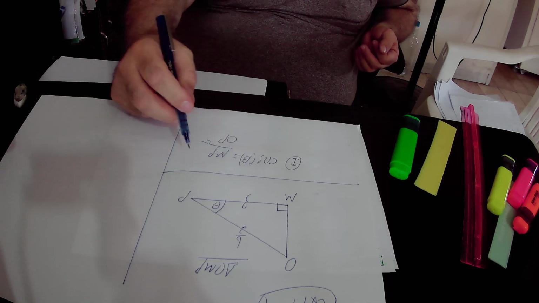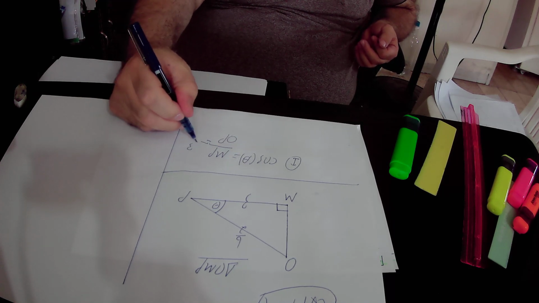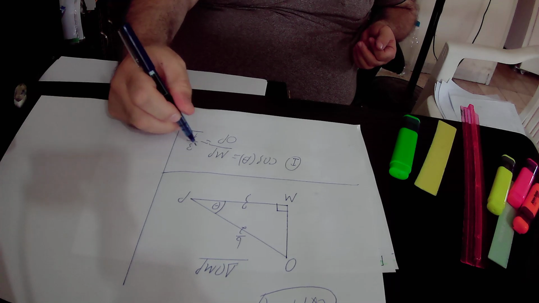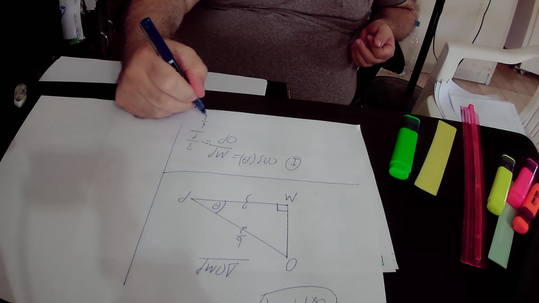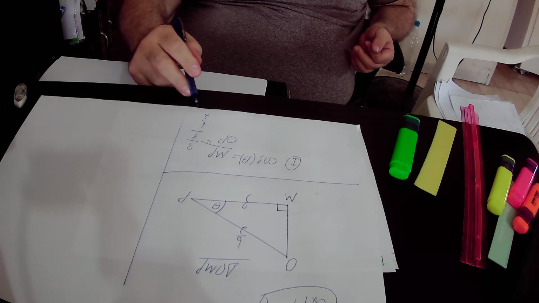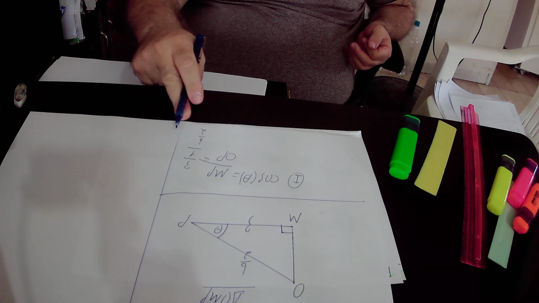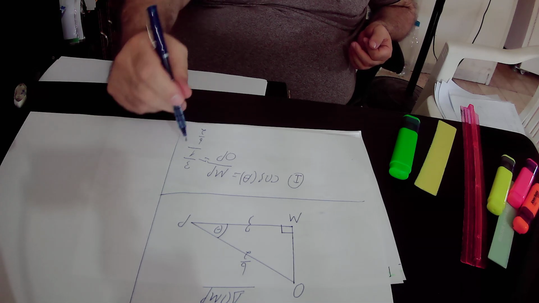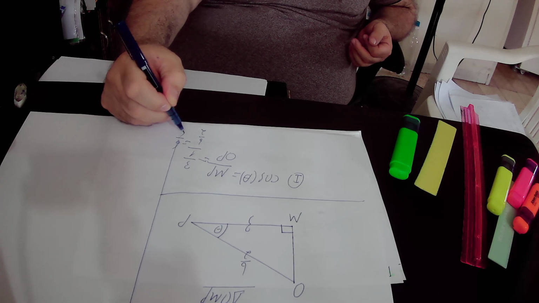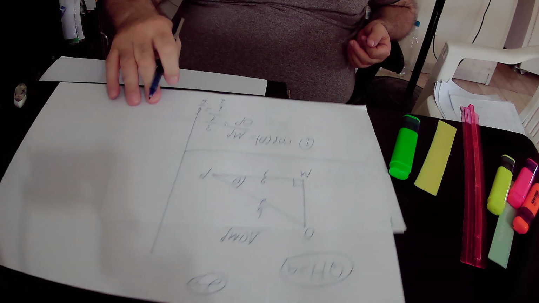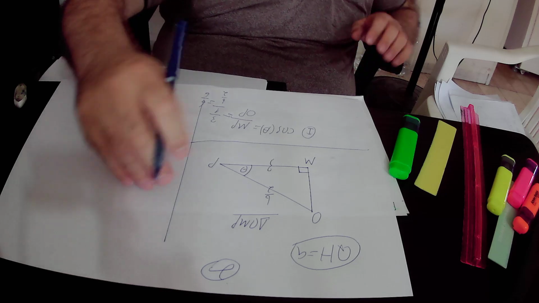But MP equals 3 units, so we substitute MP by 3. And OP equals B over 2, so we substitute OP by B over 2. Here we move 2 to the numerator and B to the denominator, and we get 2 times 3 is 6 over B.